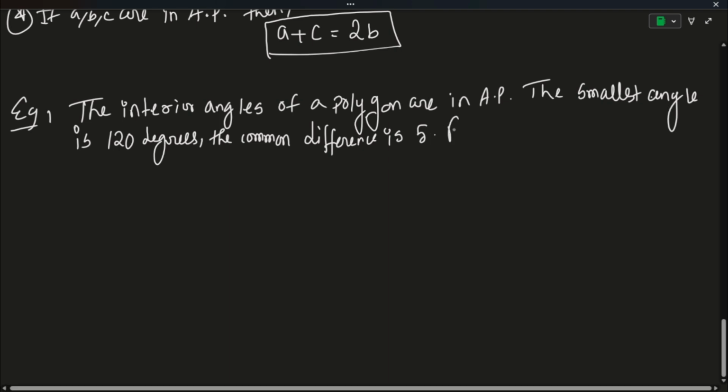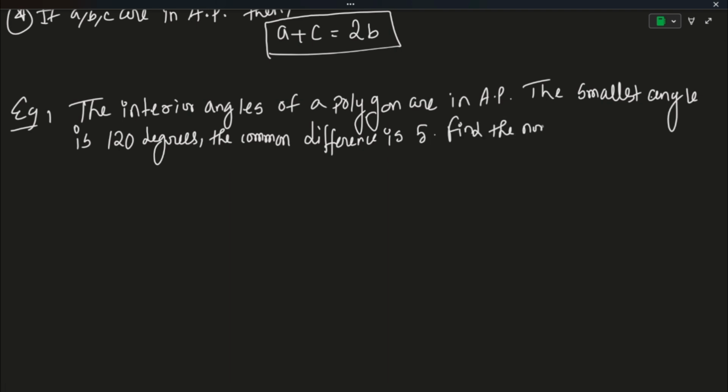Find the number of sides of the polygon. Okay, so this is my question. Now, how do we solve it? So the interior angles of a polygon are in AP. The smallest angle is 120 and the common difference is 5.